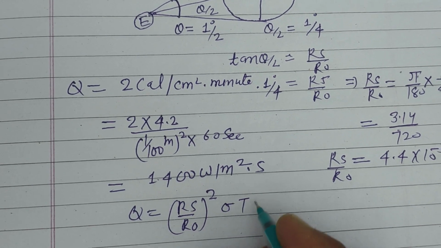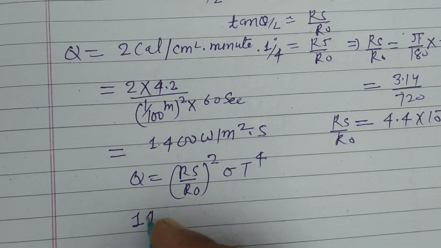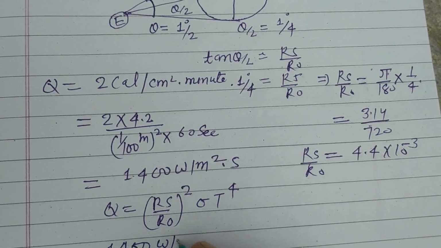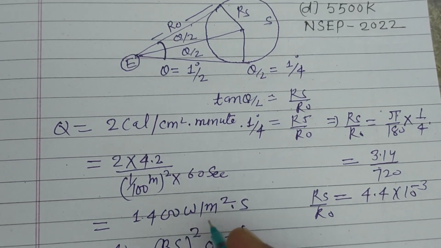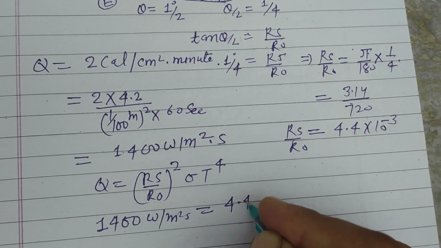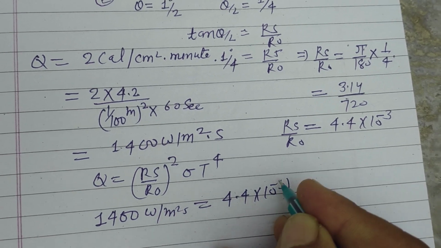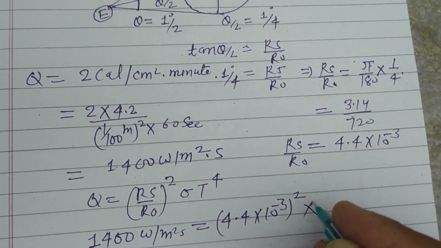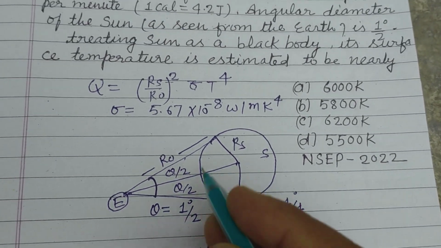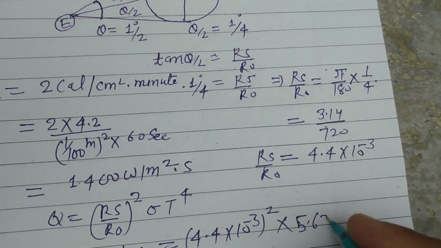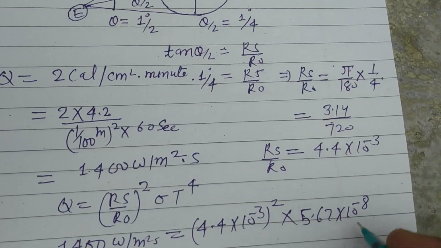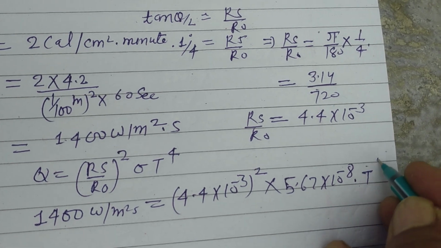Now putting this value in the given equation, Q equal to Rs upon R0 whole square sigma T to the power 4. This is 1400 watt per meter square equal to Rs upon R0, which is 4.4 into 10 to the power minus 3, whole square, and this is the Stefan constant, which is 5.67 into 10 to the power minus 8, into T to the power 4.